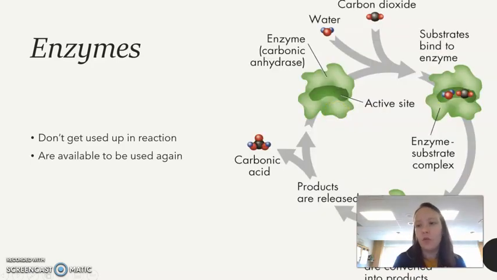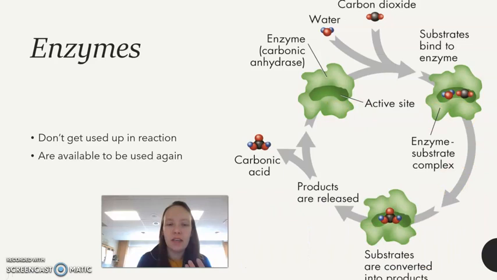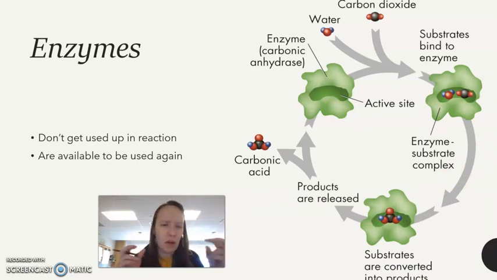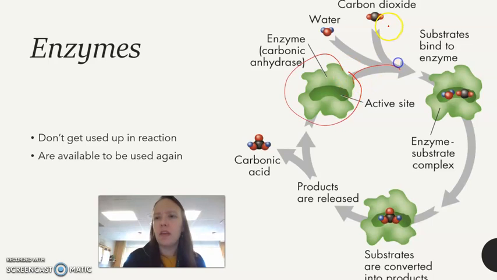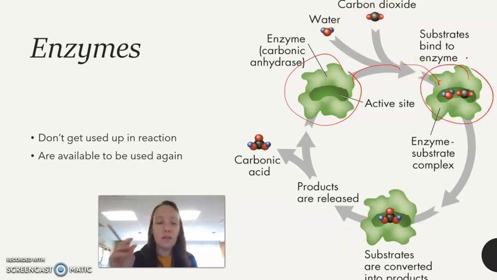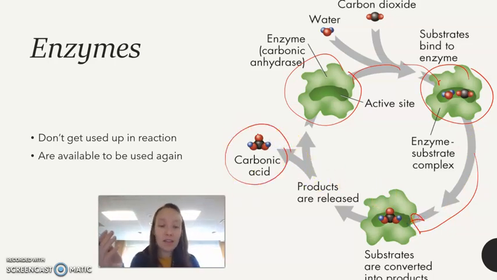The thing that's really cool about enzymes is they don't expire, they don't run out. We can keep using them. They don't get used up in the reaction. So what we have here is our enzyme. Carbon dioxide and water go into the enzyme. They are the substrates. And then the enzyme will put those together to make carbonic acid.